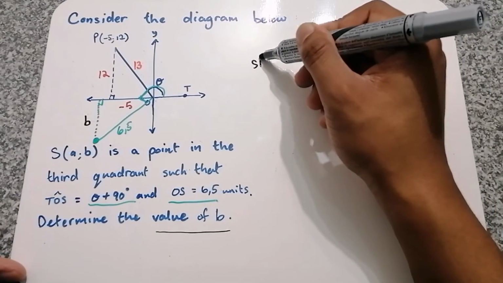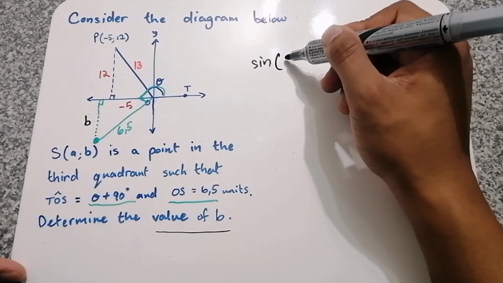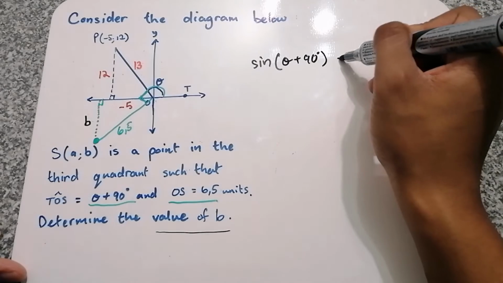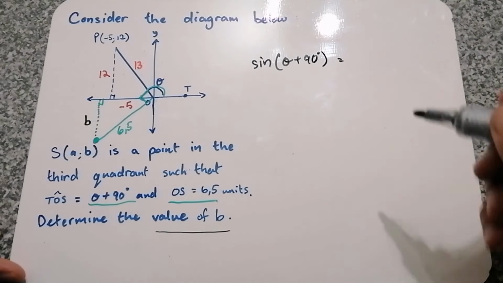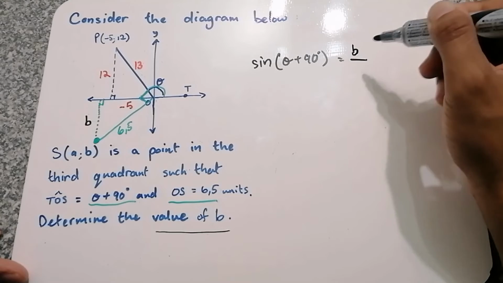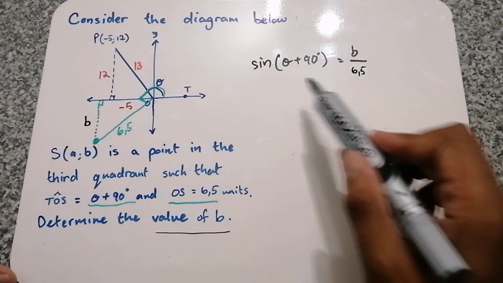So I'll say sine of the angle of this triangle now, which is theta plus 90 degrees, and this is equal to B over 6.5.